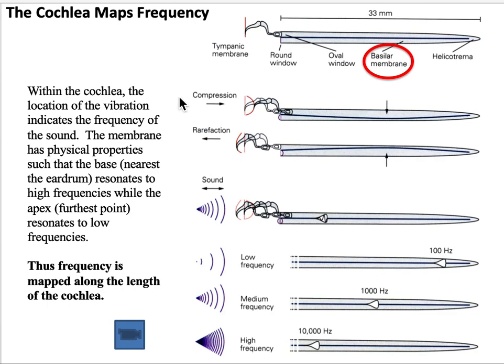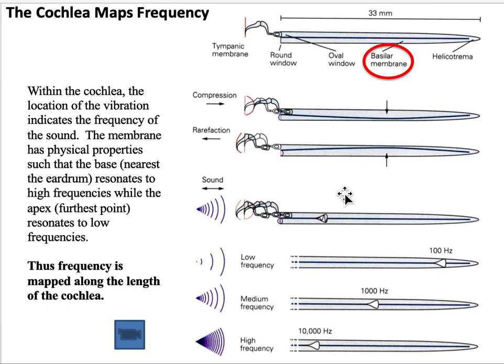So when a big pressure wave comes in, it bends the tympanic membrane, pushes the ossicles, that pushes the oval window in, that deflects the basilar membrane down and causes the round window to pop out a little bit. When there's a low pressure, so the big pressure wave comes, and then after that there's going to be low pressure, the tympanic membrane flexes out, that pulls the ossicles out, that pulls the oval window out, the round window sucks in, that causes the basilar membrane to flex up.